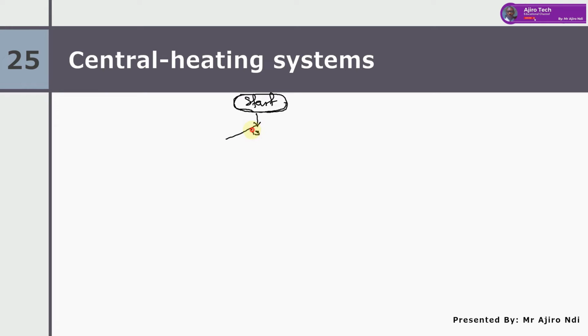Is the system switched on? Okay, another flow line. Let me see if I can do it like this.